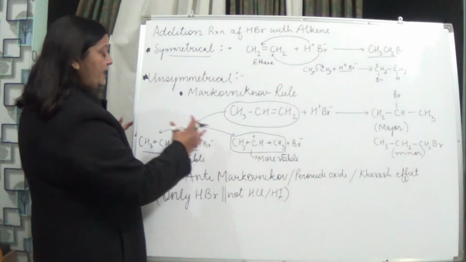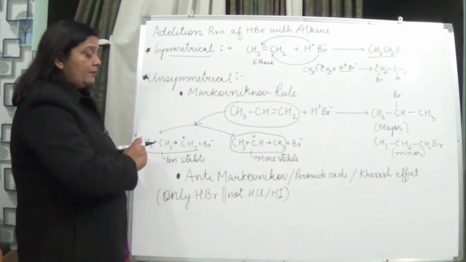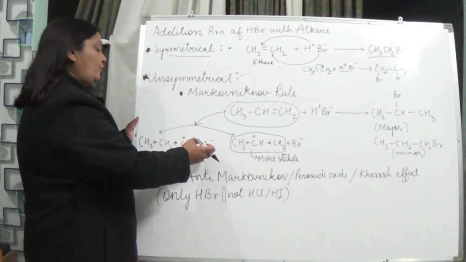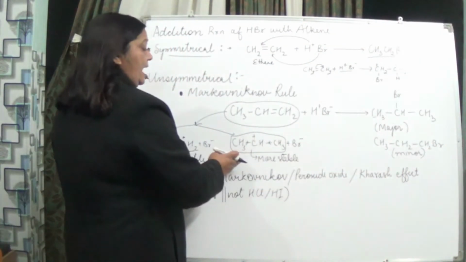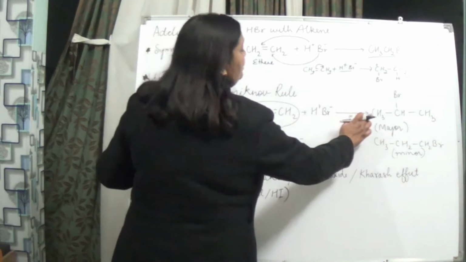As a result, it will try to shuffle and form the other compound, but some reacts with bromine and we get the minor product. As this carbocation is more stable, we get the major product.